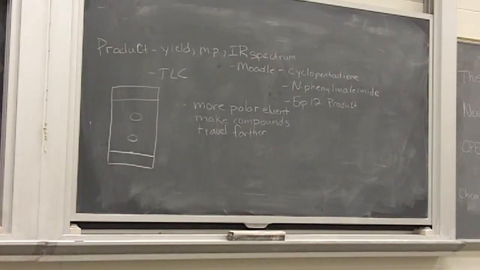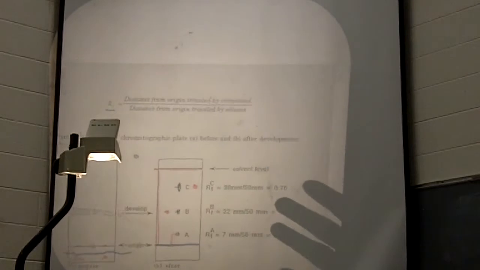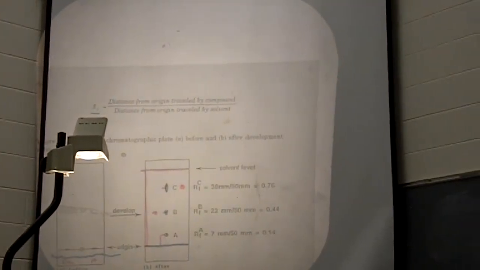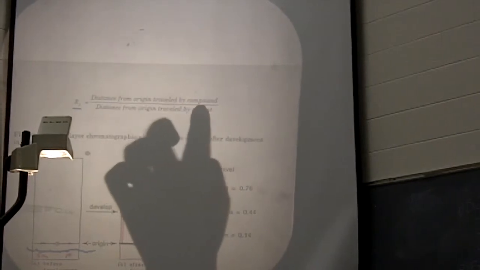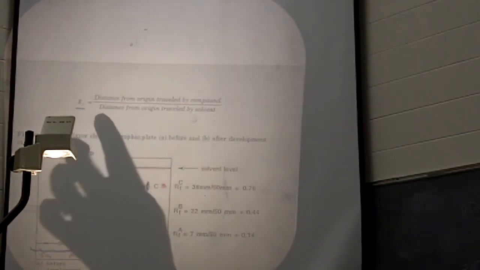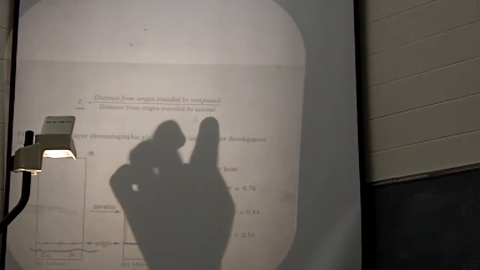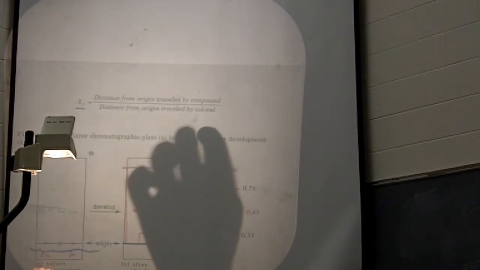And how we describe the traveling of our compounds is what's called a retention factor, or an RF value. Okay? And so our RF value is equal to the distance from the origin traveled by the compound divided by the distance from the origin traveled by the solvent. Okay?